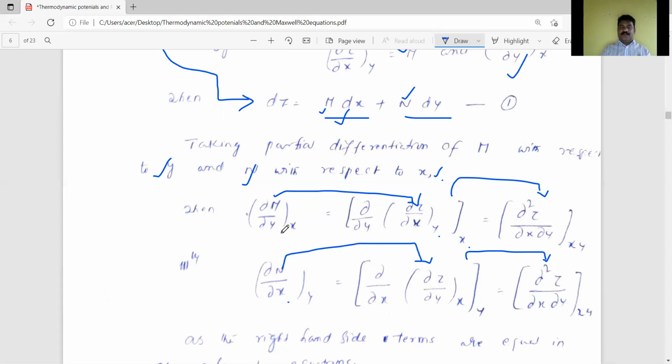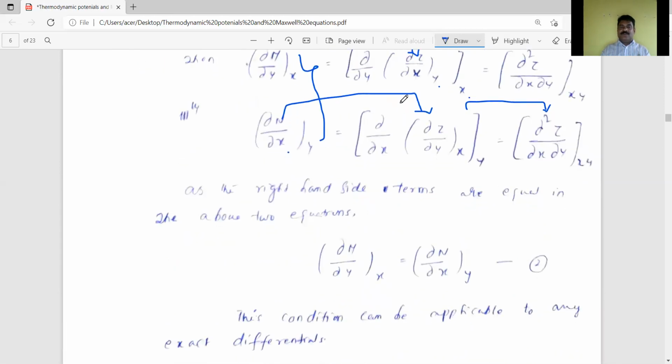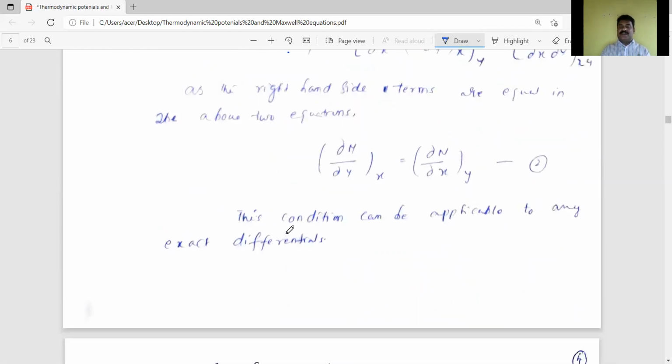You see, the partial differentiation of m with respect to y, similarly, the partial differentiation of n with respect to x, both are equal here. So that is why we can equate these two partial differentiations. From this, we can write that ∂m/∂y at x equal to ∂n/∂x at y. So this is the condition applicable to any exact differential.